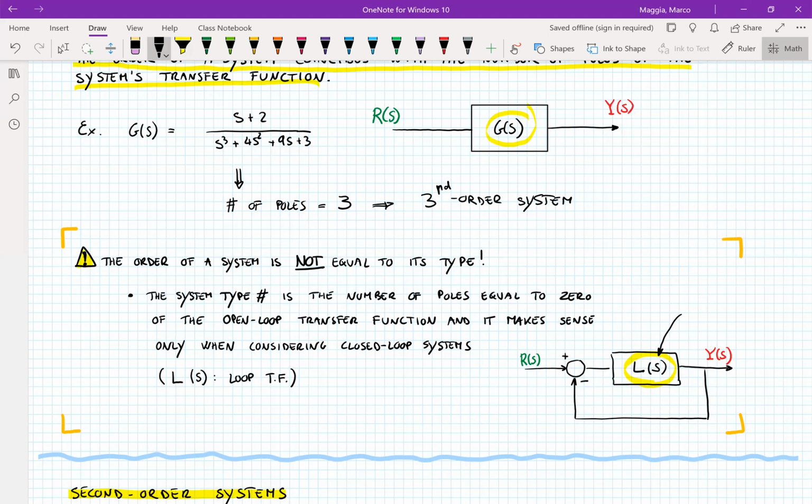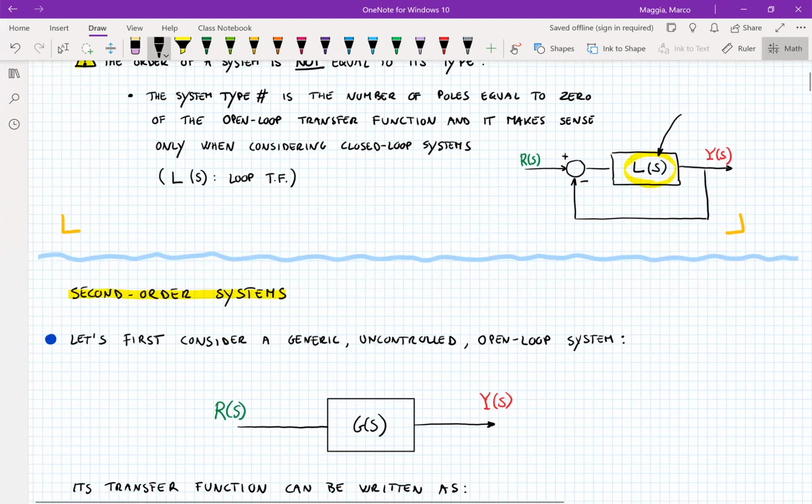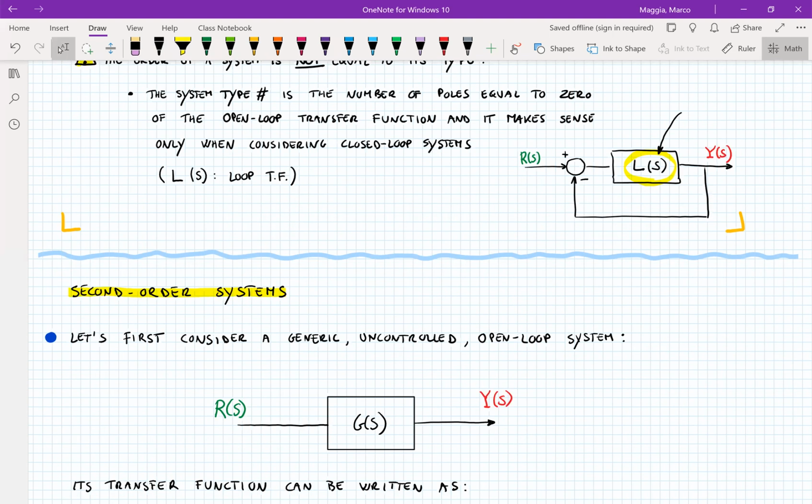So once again, the order of a system does not necessarily coincide with the system type number. Those are two different things. Keep that in mind.